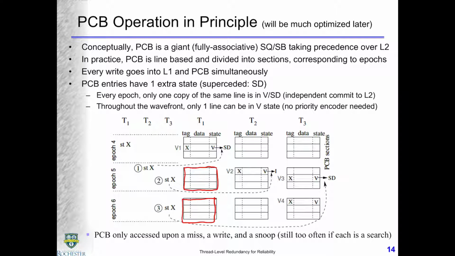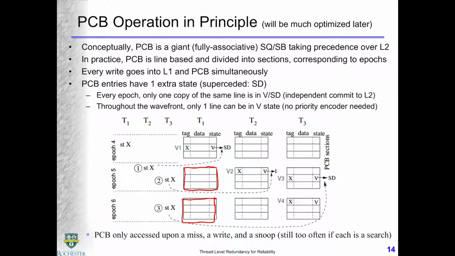All right. Another crucial thing is, even though every store that I commit should be somehow captured by PCB, my PCB is not organized by words or by stores. They're really organized by cache lines. So an entry in PCB is a cache line.